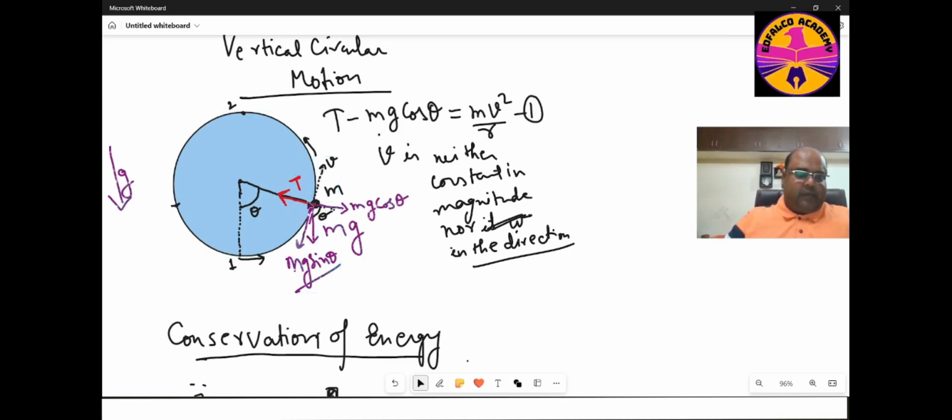So whether it is conservative or non-conservative, we know it is non-conservative, but I'm just saying that either way, it is not going to do any work, right? So it's not going to add or reduce any energy. So this T is not going to play any role in defining the energy of the body, because it's not going to do any work, right?